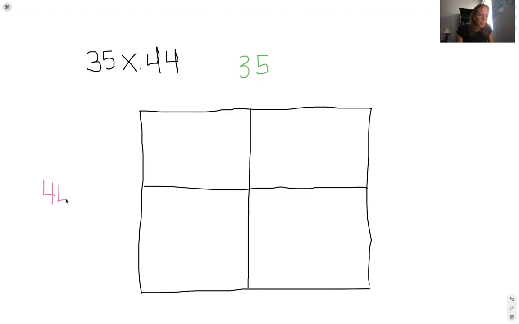Now I put these off to the side because I told you this is a place value strategy, which means we're going to break these numbers into tens and ones. So in 35, you have 3 tens, which is the same as 30. And you have 5 ones. In 44, you have 4 tens, which is the same as 40. And you have 4 ones.